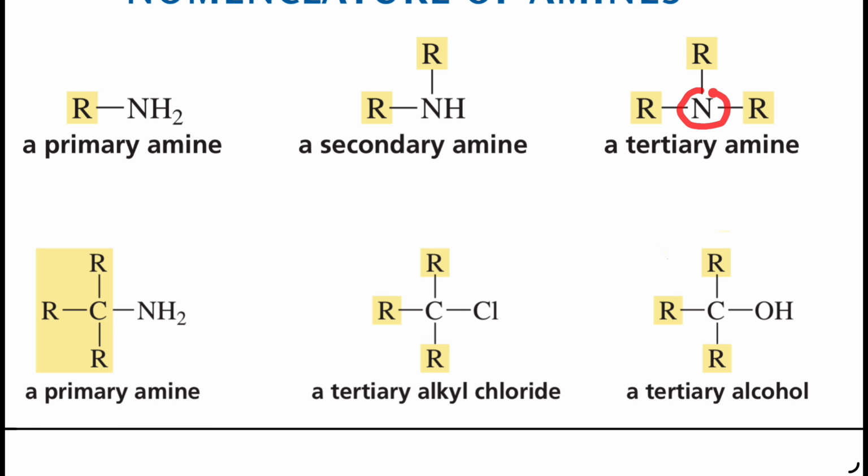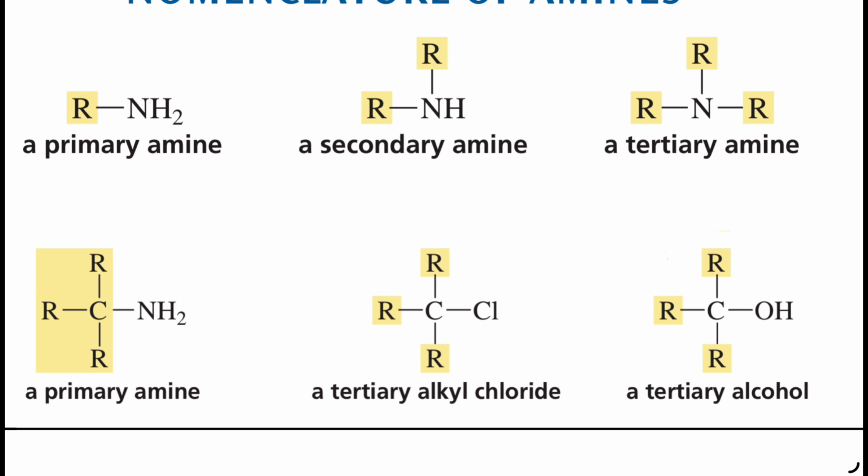If nitrogen is attached to three alkyl groups directly, then it is called a tertiary amine. That means in case of primary amines, there will be NH2 group, secondary amines have NH group, whereas in tertiary amines, there is no hydrogen on a nitrogen. So this is primary, secondary and tertiary.